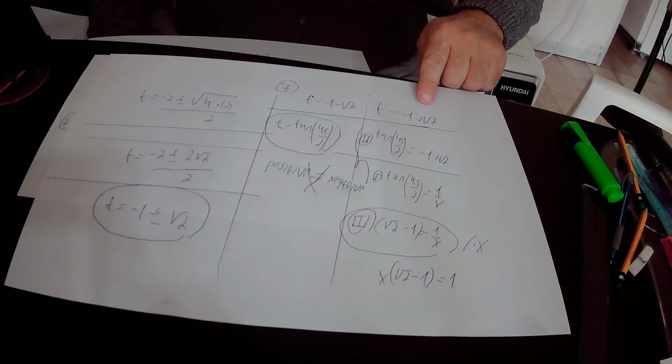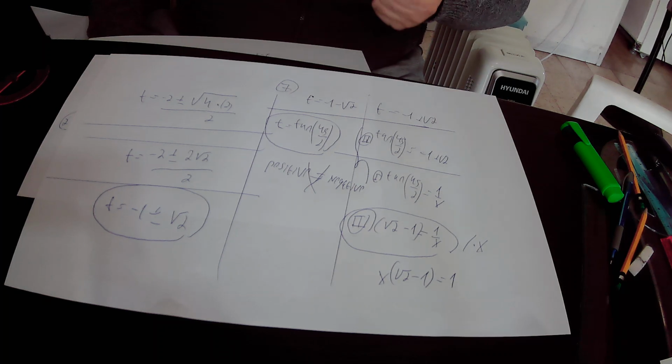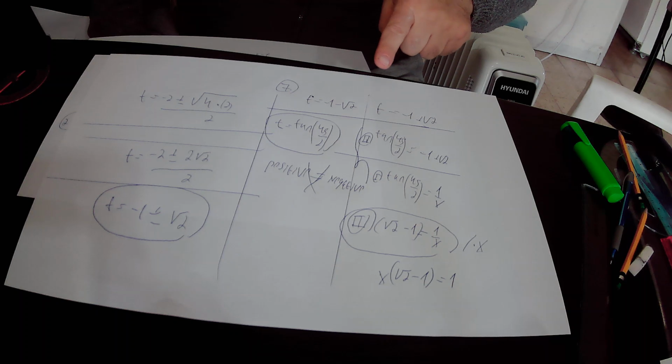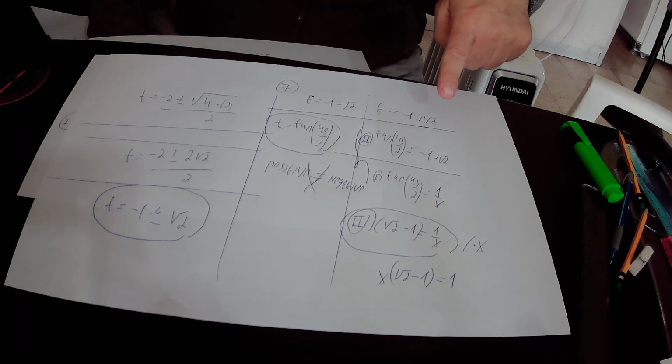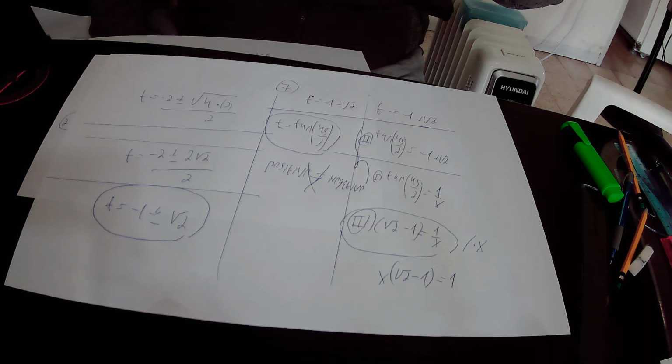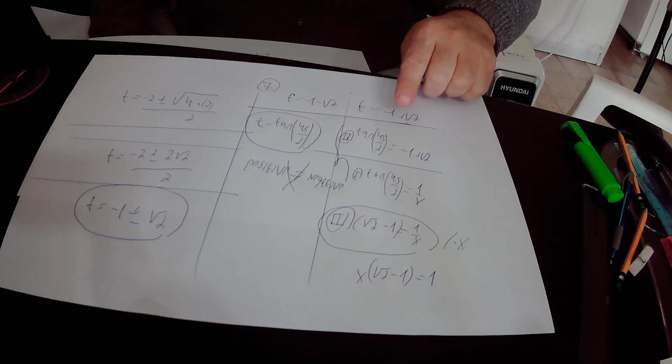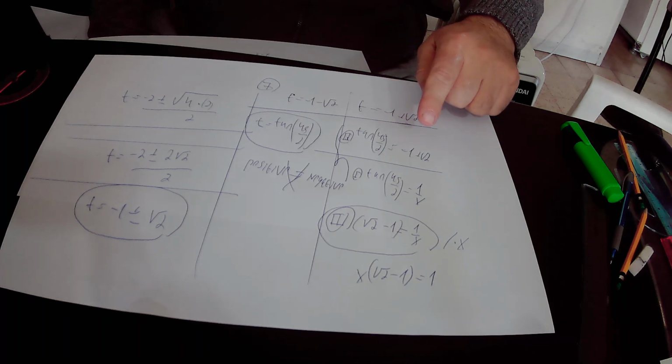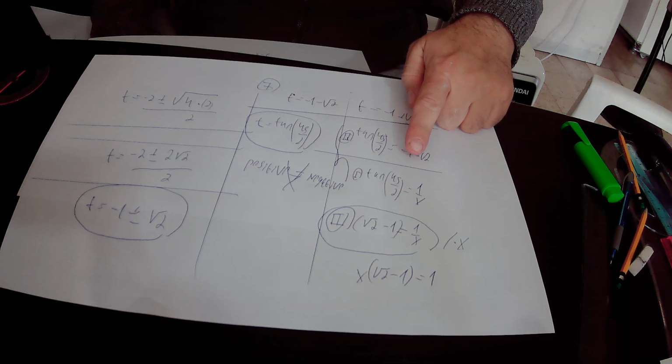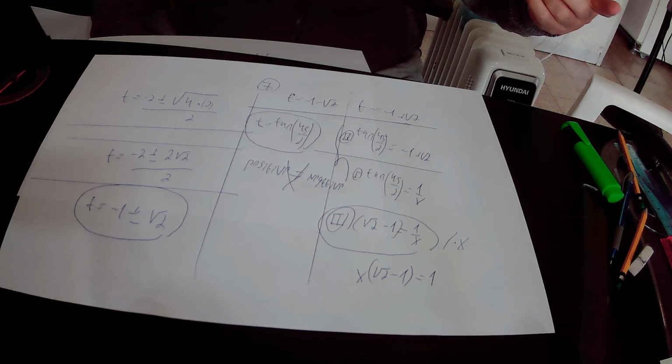So t equals minus 1 plus the square root of 2, and according to our definition, tangent of 45 degrees over 2 equals t. So tangent of 45 degrees over 2 is equal to minus 1 plus the square root of 2. This is according to equation number 2, while according to equation number 1, we have already found that tangent of 45 degrees over 2 equals 1 over x.